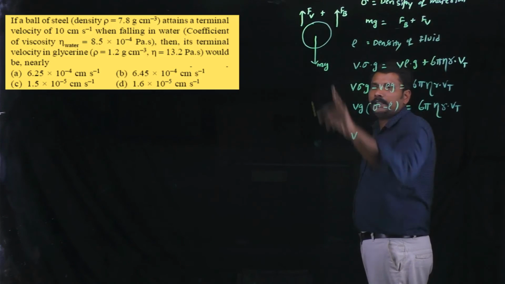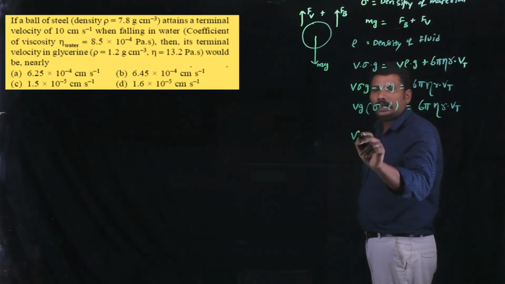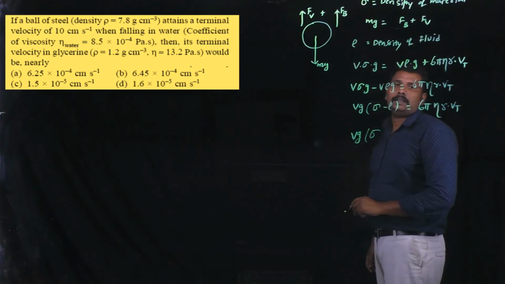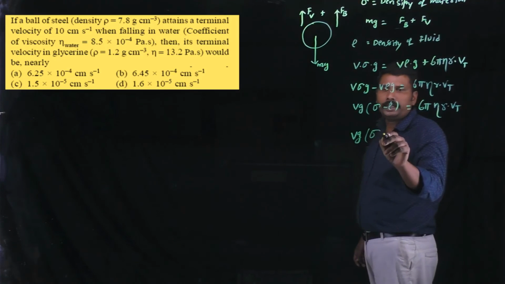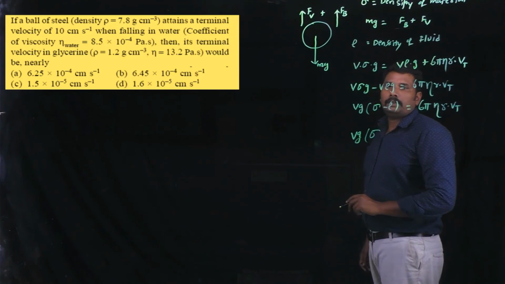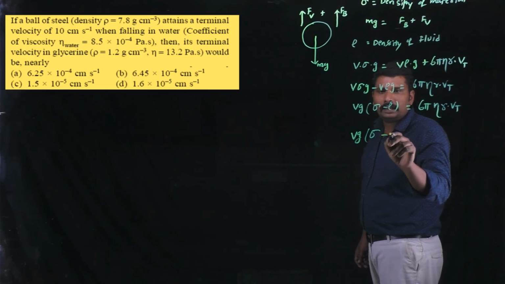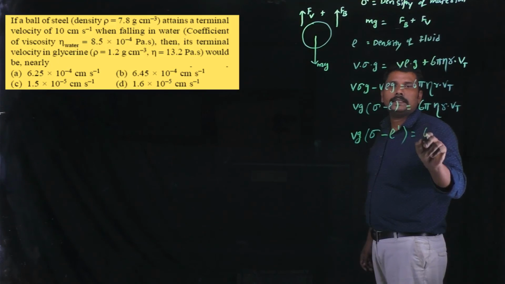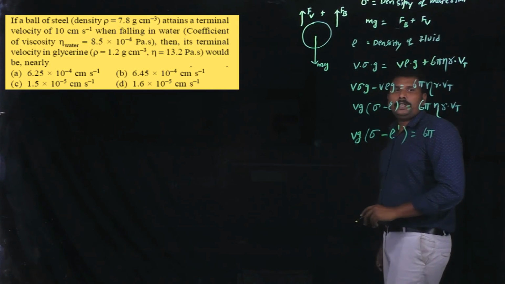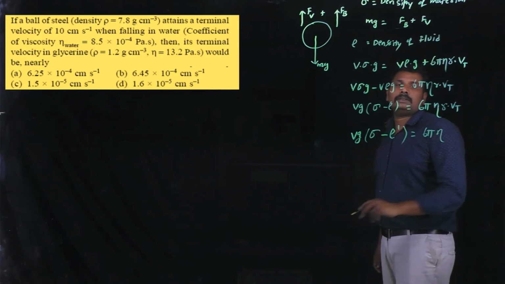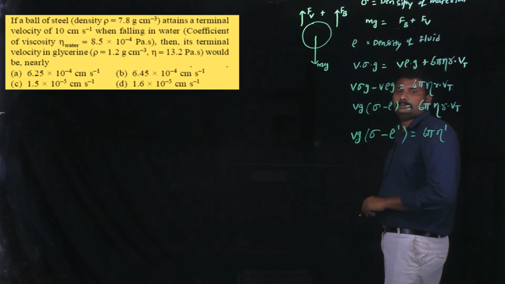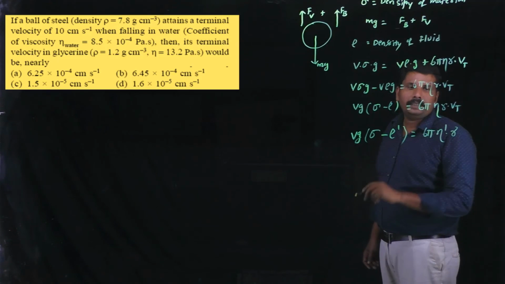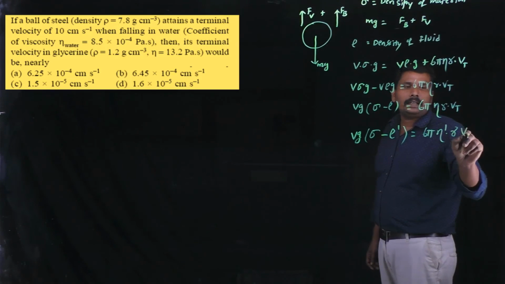The volume V of the steel ball remains constant, g is also constant, and the density of that steel ball is also constant. If the fluid changes, then the density of the fluid also changes to rho dash. If the fluid changes, the value of eta also changes, it is some eta dash, and the radius of that steel ball remains the same, and the terminal velocity also changes.